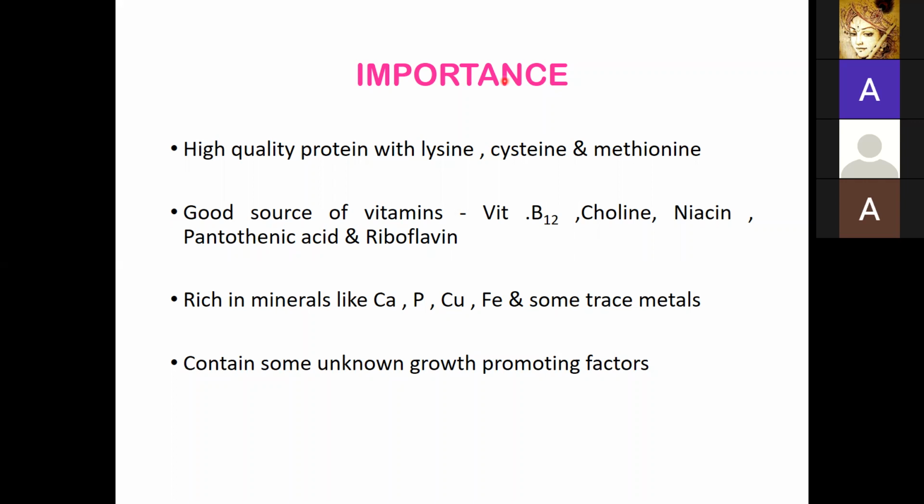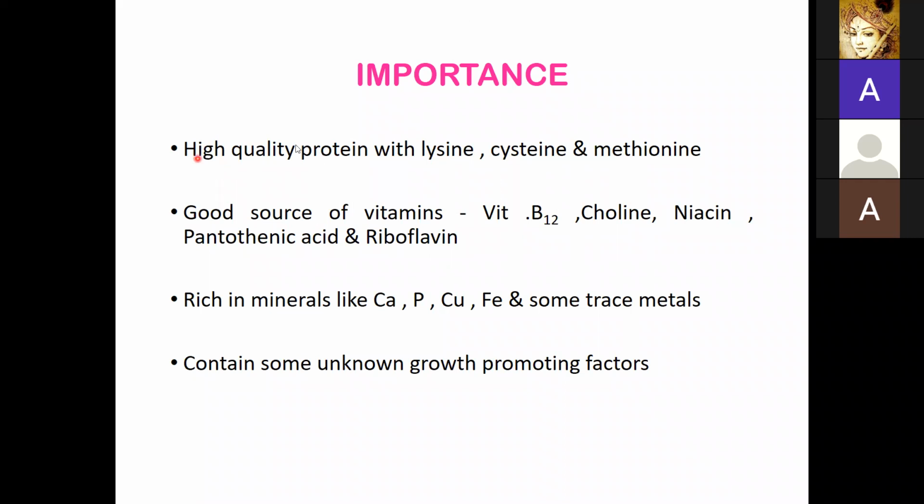So if we are preparing feed for cattle, fish, or poultry, and especially if we are taking raw materials for a cereal based product, that cereal based product is insufficient in or lacking the amino acids lysine, cysteine, and methionine.